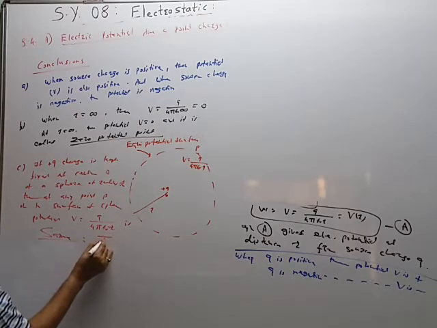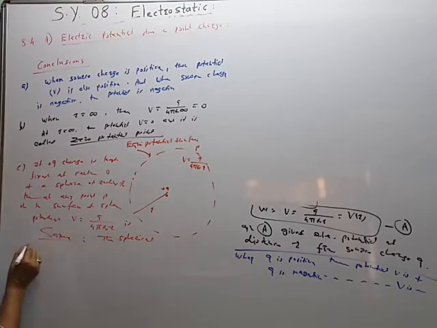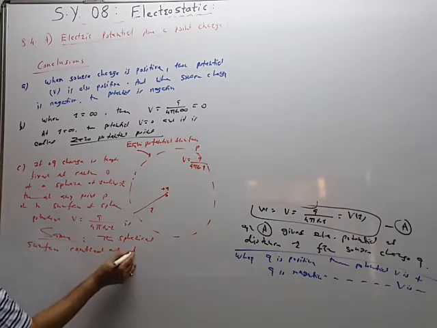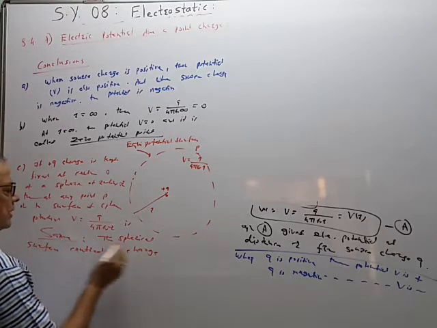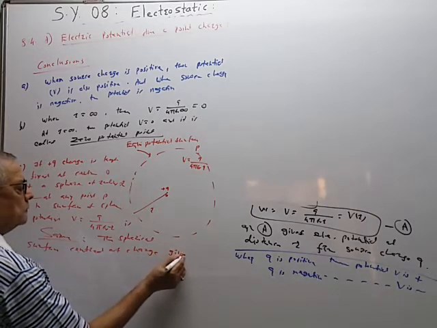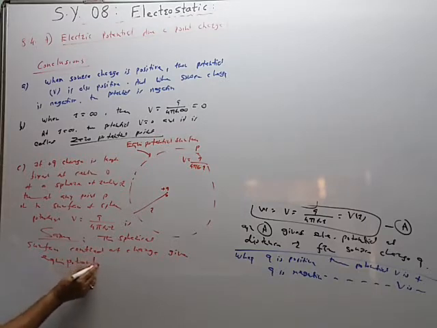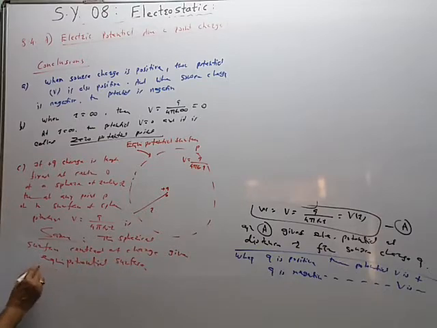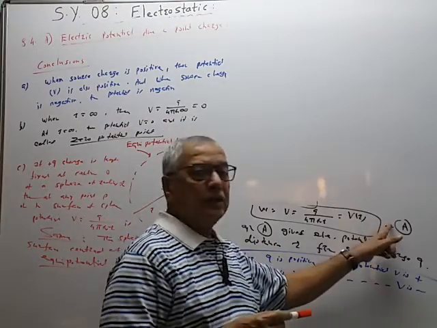Therefore, the spherical surface centered at the charge gives an equipotential surface, like this. So the concept of equipotential surface is also explained by using equation A.